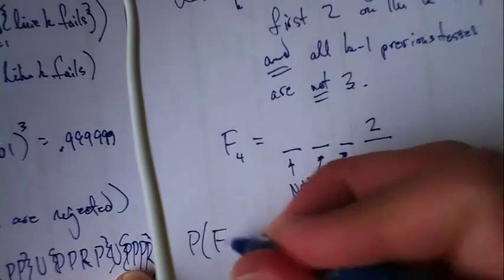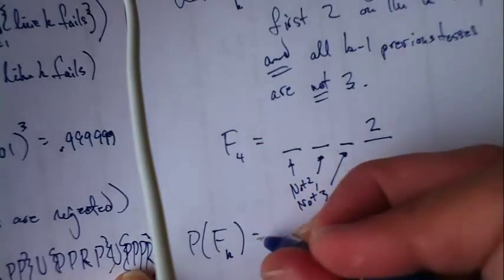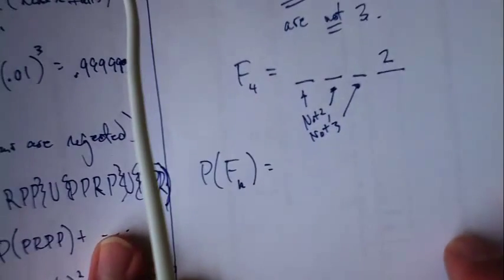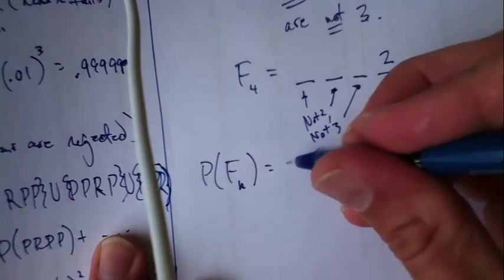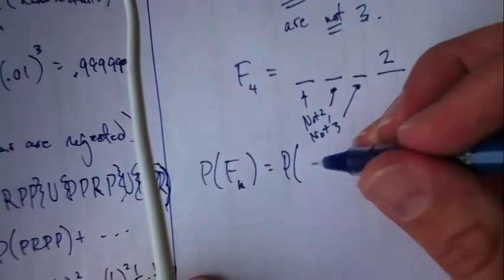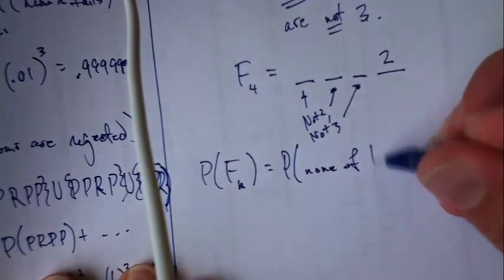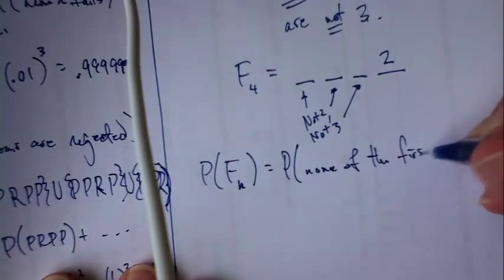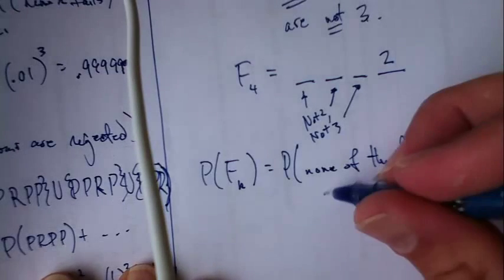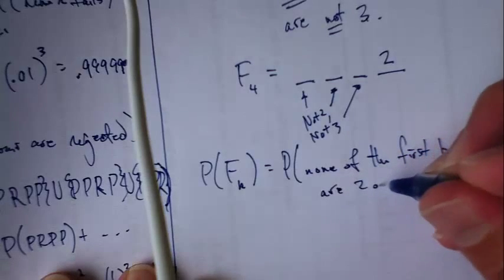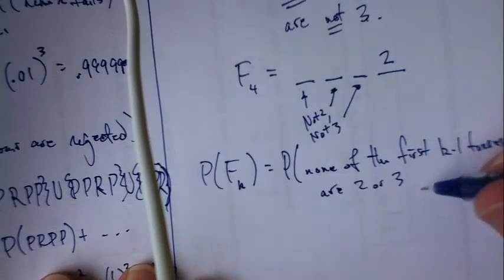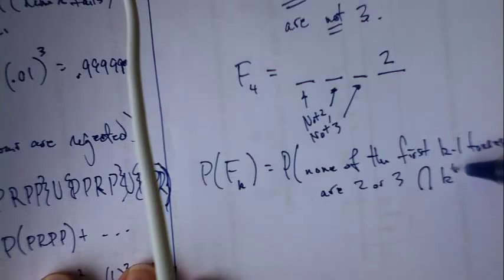Note then that I can write the probability of F sub k as the probability that none of the first k minus 1 tosses are 2 or 3, and the kth toss is a 2.